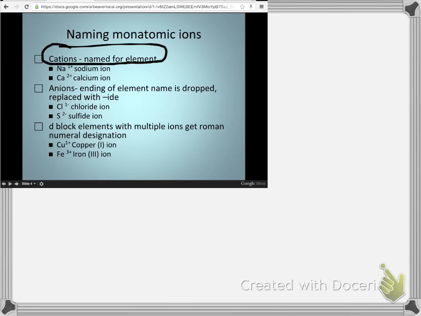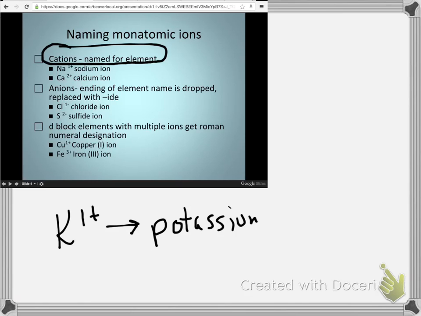It doesn't get a whole lot easier. So if I tell you I have, write down what that's called, K1+, it's the potassium ion. Nothing changes in the name. It is just the potassium ion.